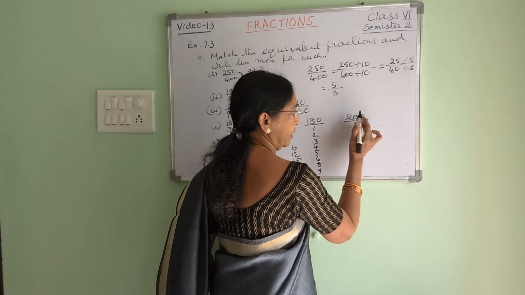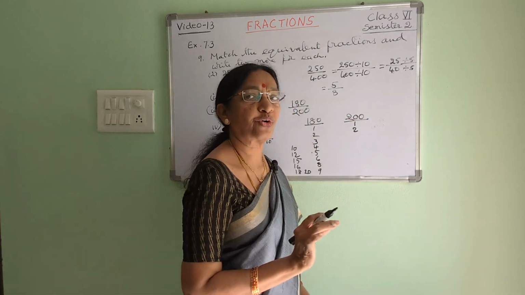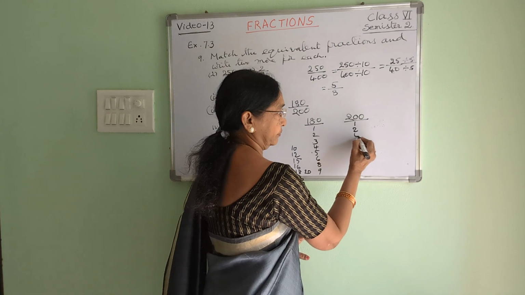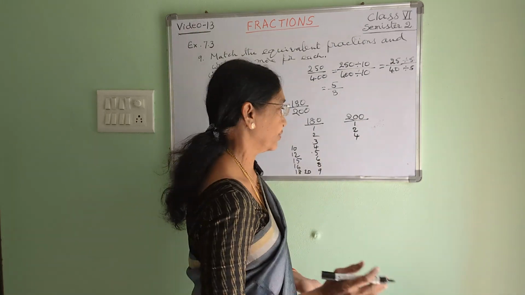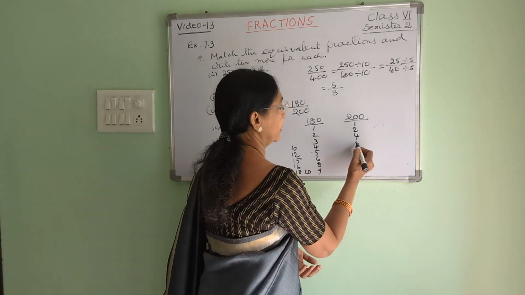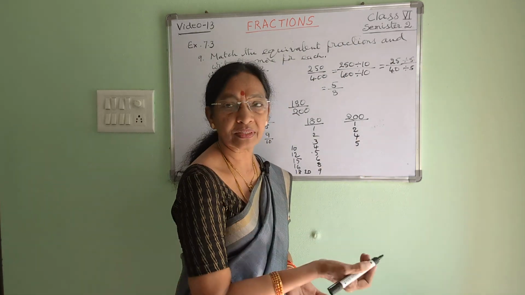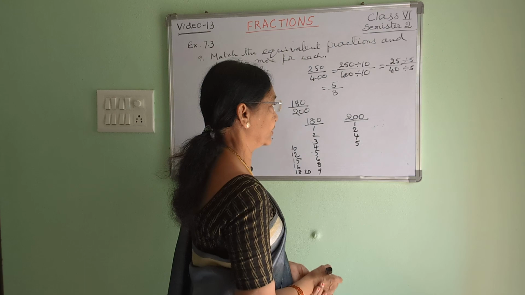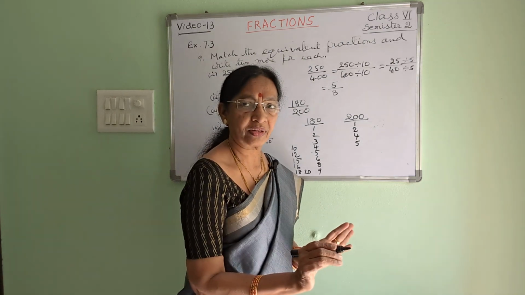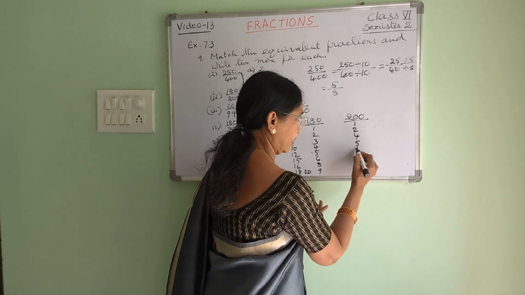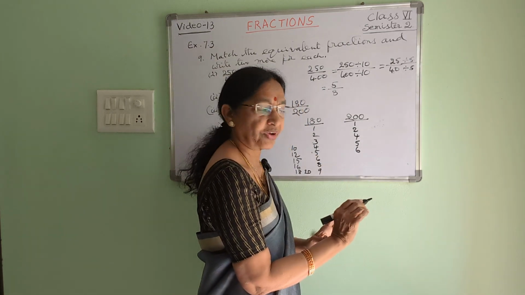Therefore 3 is not a factor. 4 is a factor because the last 2 digits are zeros. 5 is a factor because the units place is 0. Next 6 is not a factor because 3 is not a factor. 7 is not a factor.